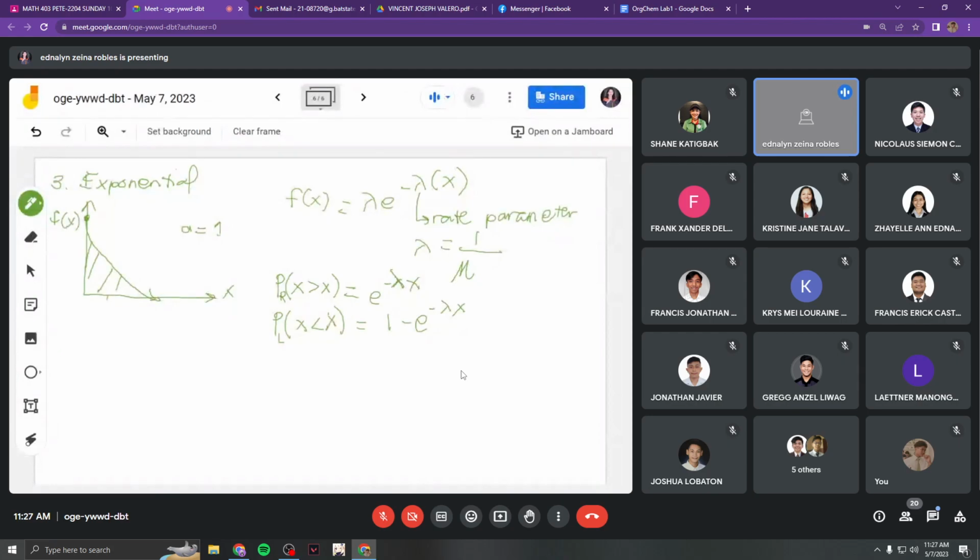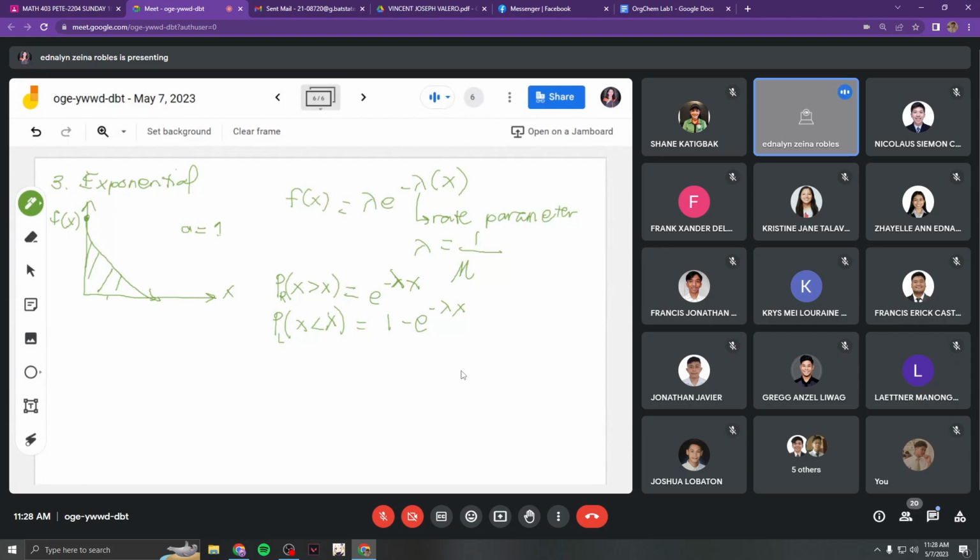So continuous probability includes three families: the normal distribution, the uniform distribution, and the exponential distribution. On a normal distribution, the curve is a bell-like curve. On the uniform distribution, it is a rectangle, and the value of f of x is constant all throughout the range.